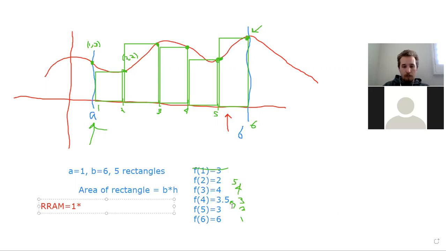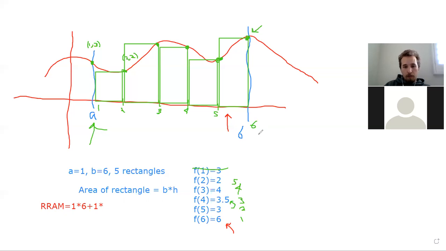The points are to the right of where I'm writing. And so let's get the second rectangle. What's the height of the second rectangle? So we know that f of 6 is 6, right?